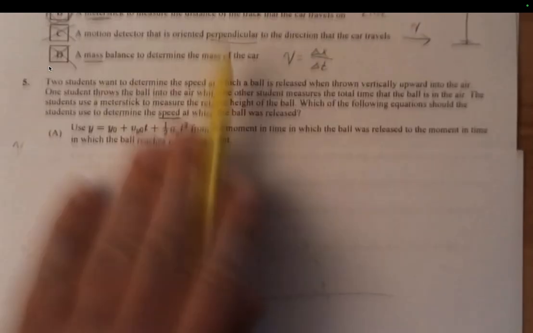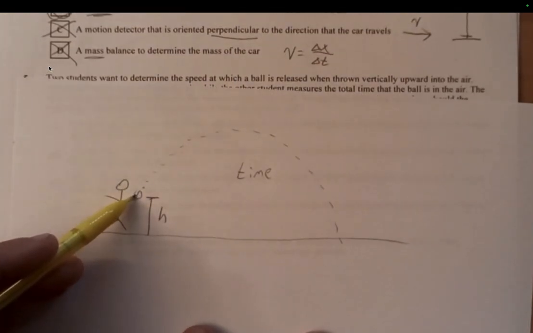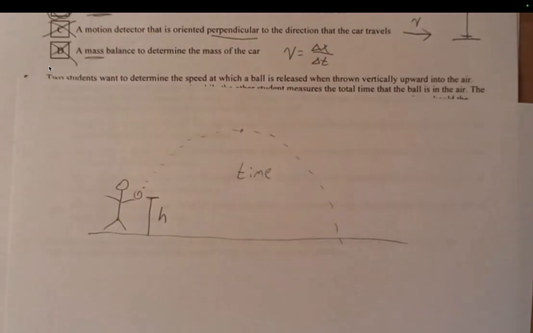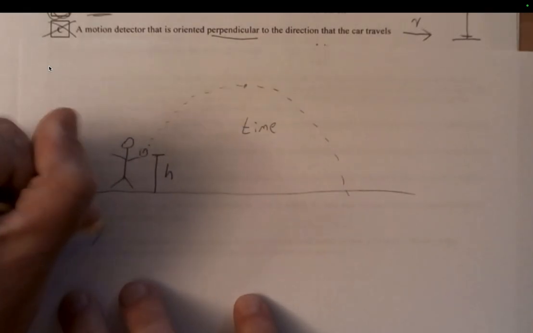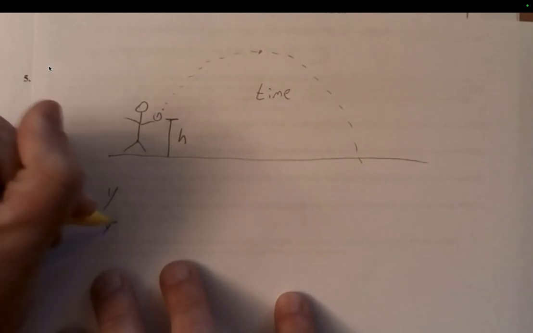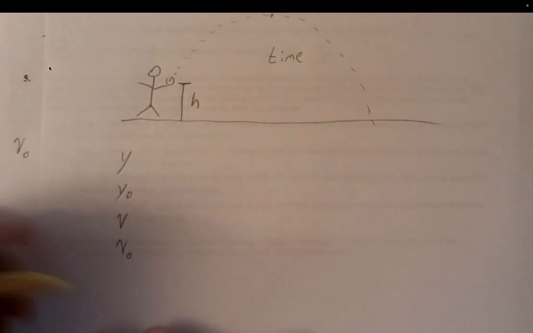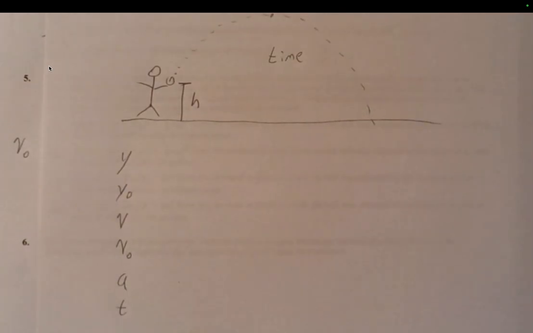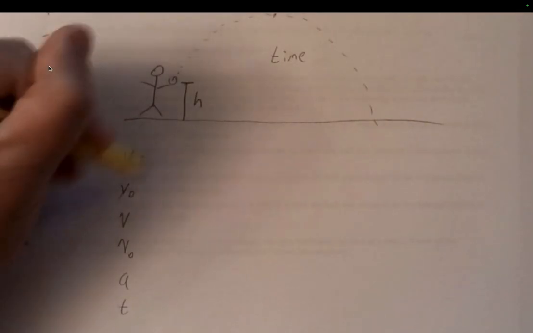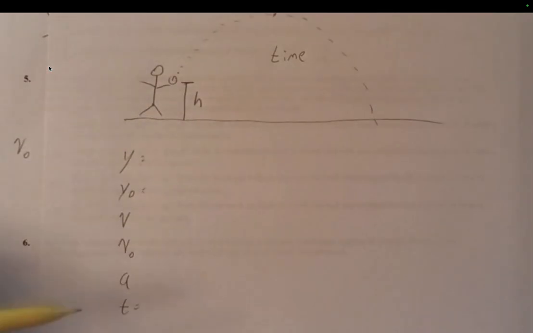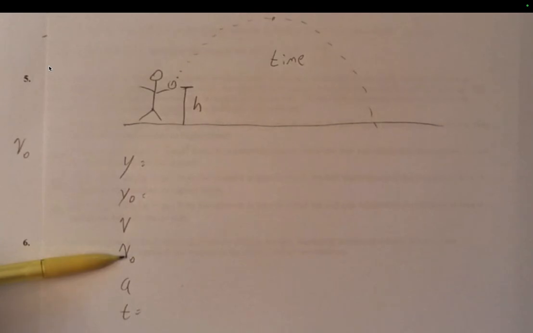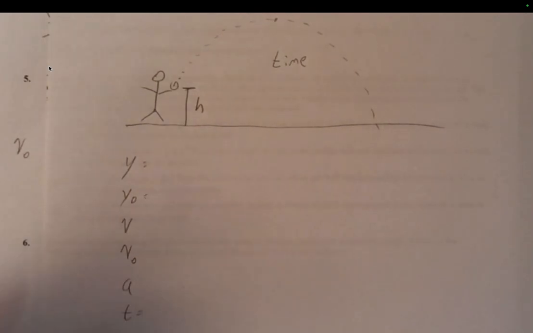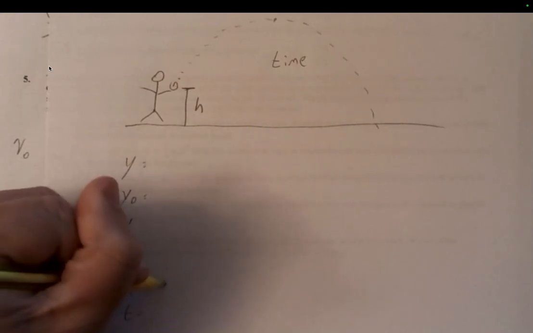If we were to do that one, if we measure the time from here to here, then that's not really going to tell us a whole lot, because we would know the y, we would know the y naught, the v is what we're trying to get, the v naught is what we would want to have, the a and the t. We would be able to measure this value, and this value. We don't have the v naught, and in this acceleration we would have that as well. That would also be g.